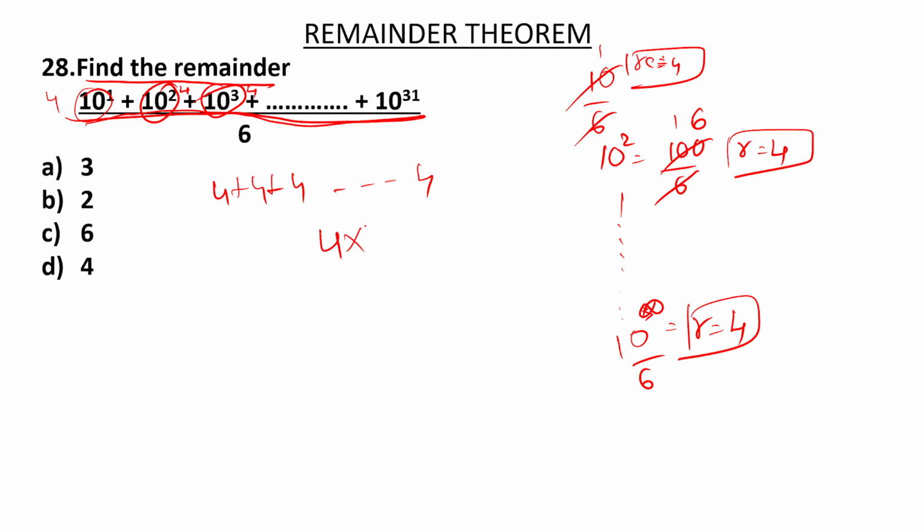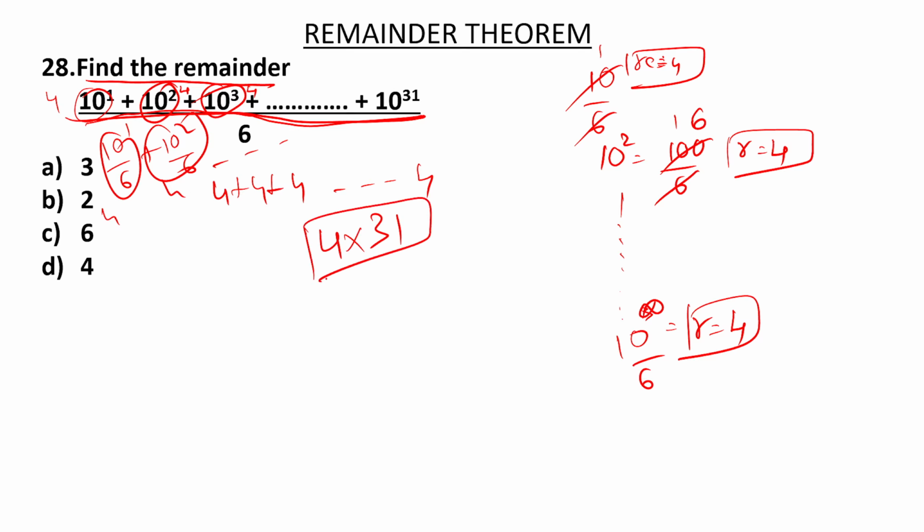So we simply do 4 into 31 after division. That means 10 power 1 by 6 plus 10 square by 6. These values will get 4, 4 and move on. Here is the final value, 4 into 31. So we simply get 124.